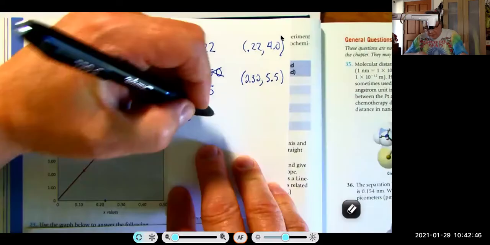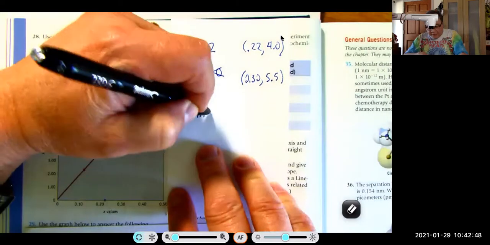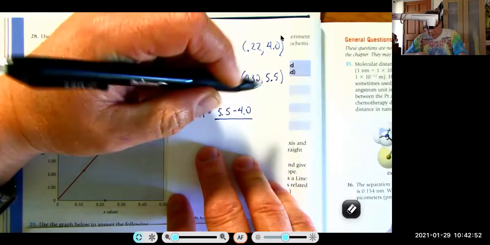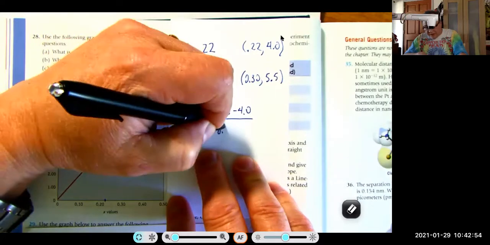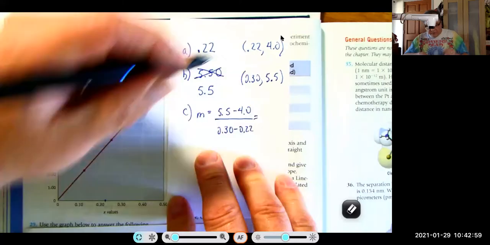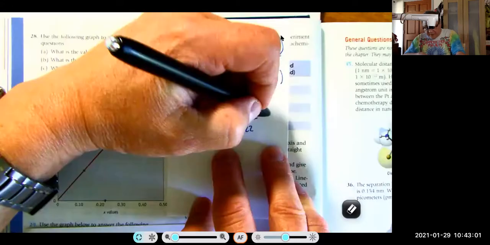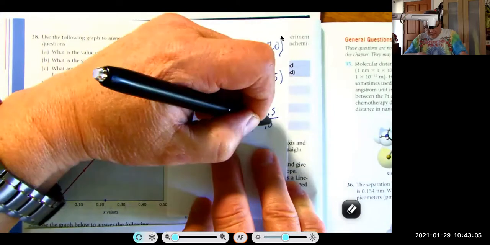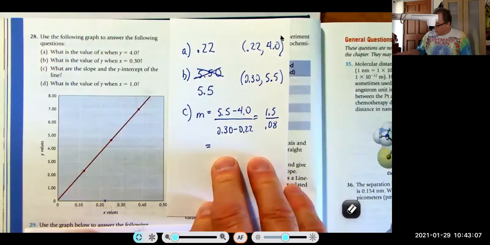slope. So the slope is going to be 5.5 minus 4.0 over 0.30 minus 0.22. So I get a difference here of 1.5, a difference here of 0.08. So it looks like I'm only going to get one significant figure for my slope.